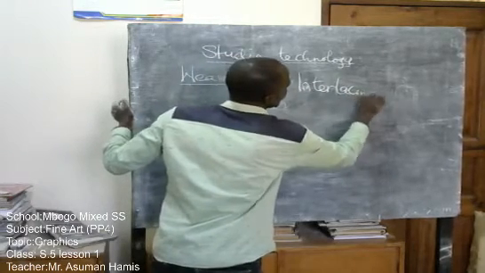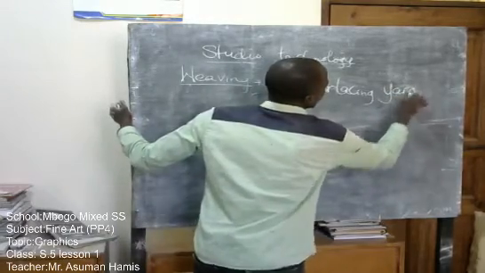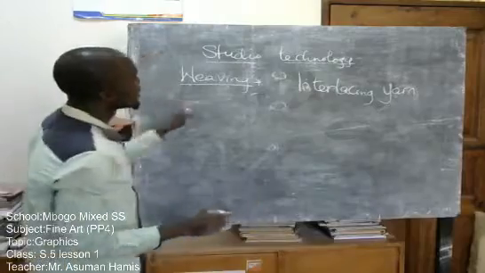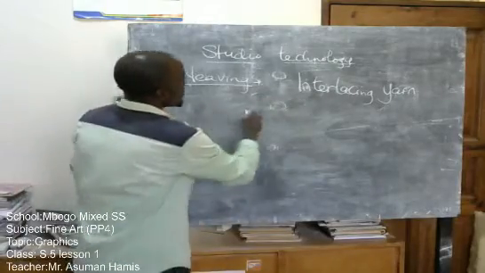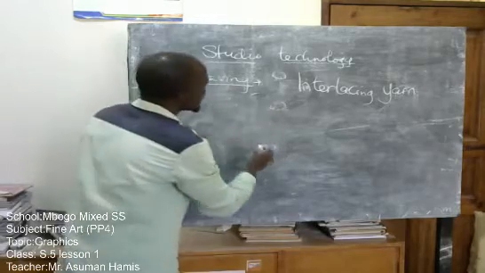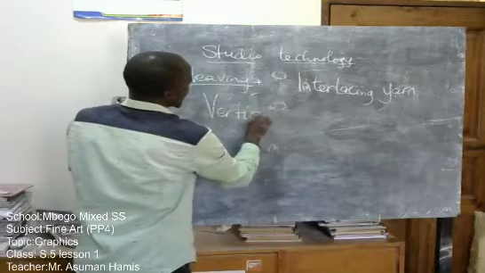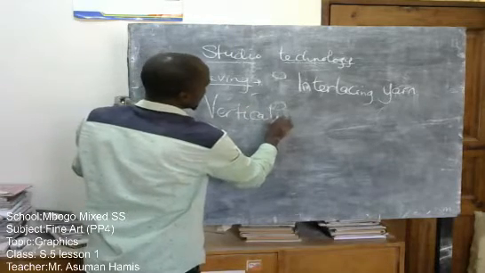We can start with vertical. We are saying weaving is the art of interlacing vertical yarn.